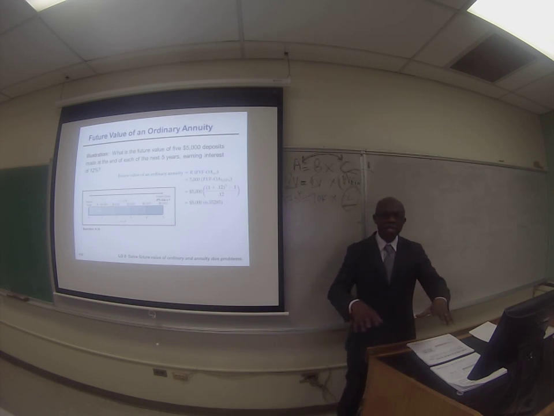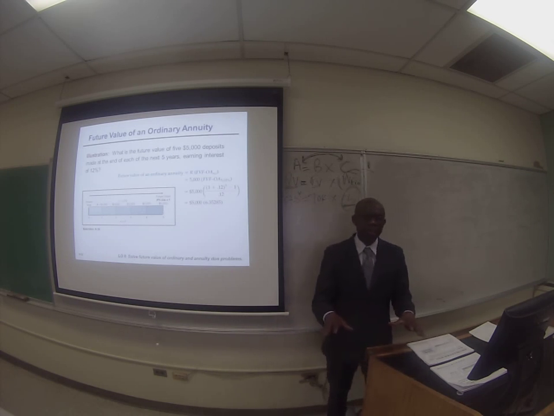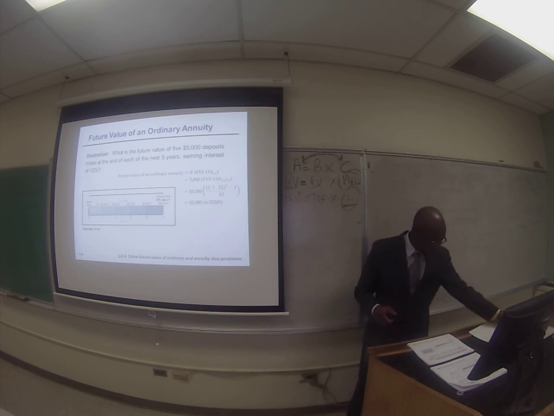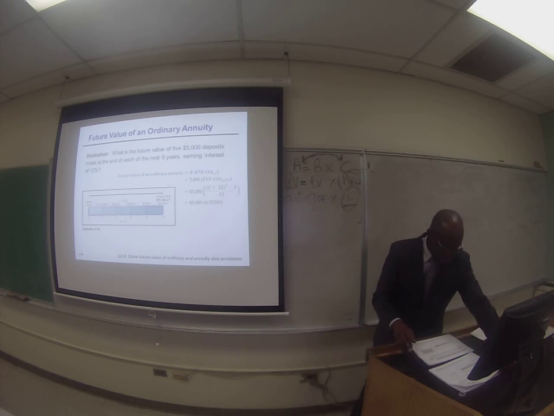But here in the College of Business Accounting Department, you are going to give a different answer. Why? Because you understand that the $5,000 every year for the next 5 years is going to earn interest. All right? So what we are going to do is we are going to solve this problem using the same formula that we have talked about.